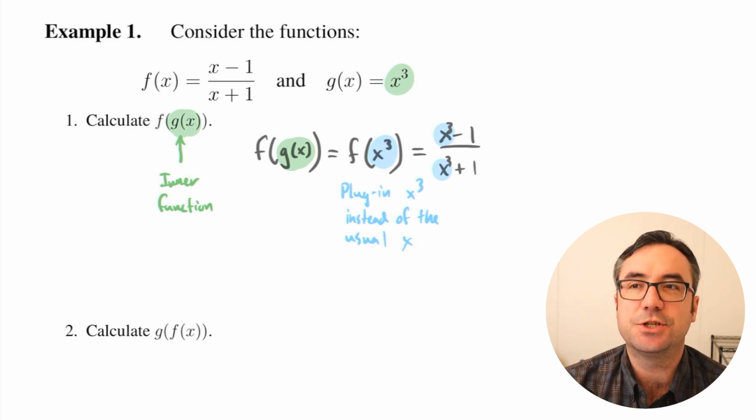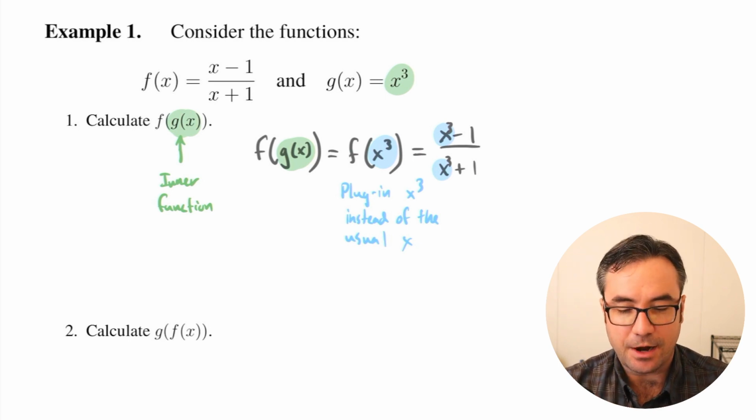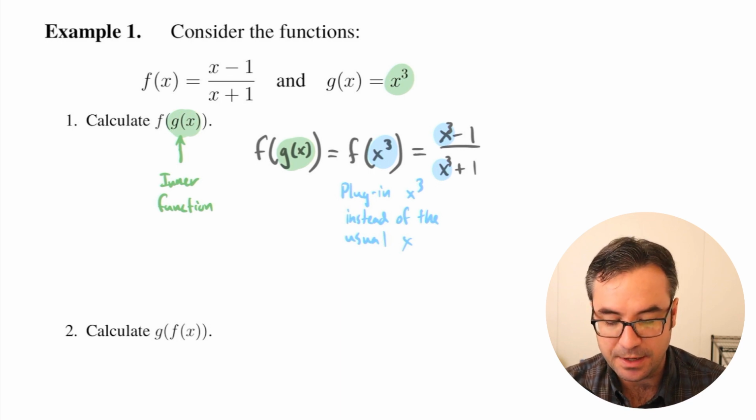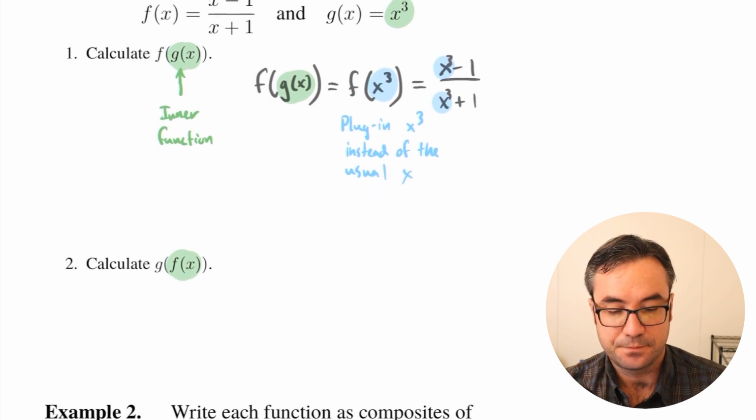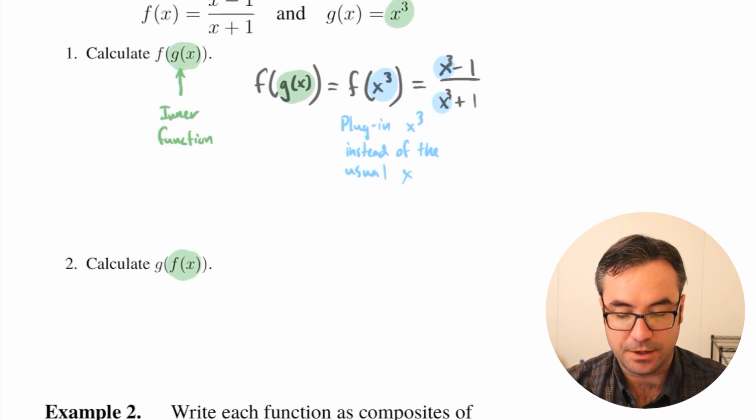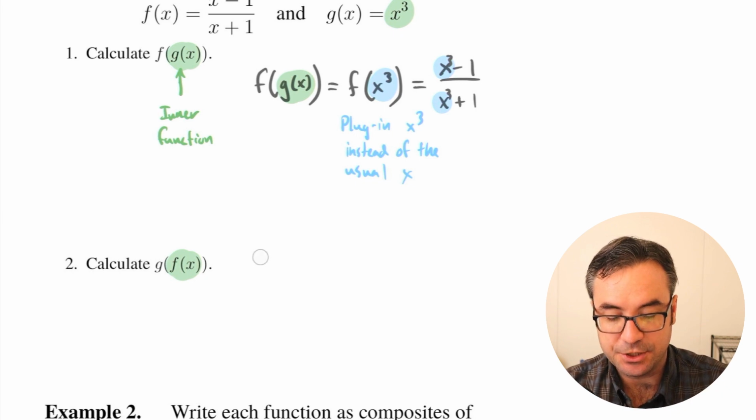So now let's try changing the order. And our inner function down here is going to be f of x. So that's what we're going to start with. So let's see how this is going to look. So we're going to do the composition.